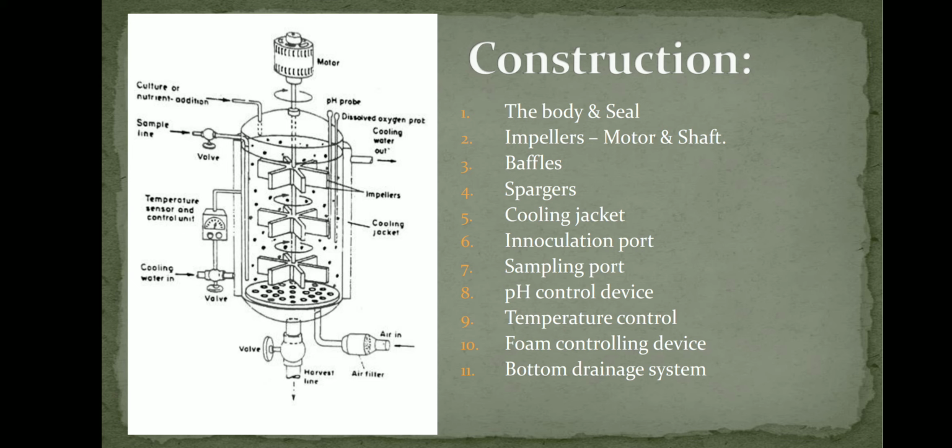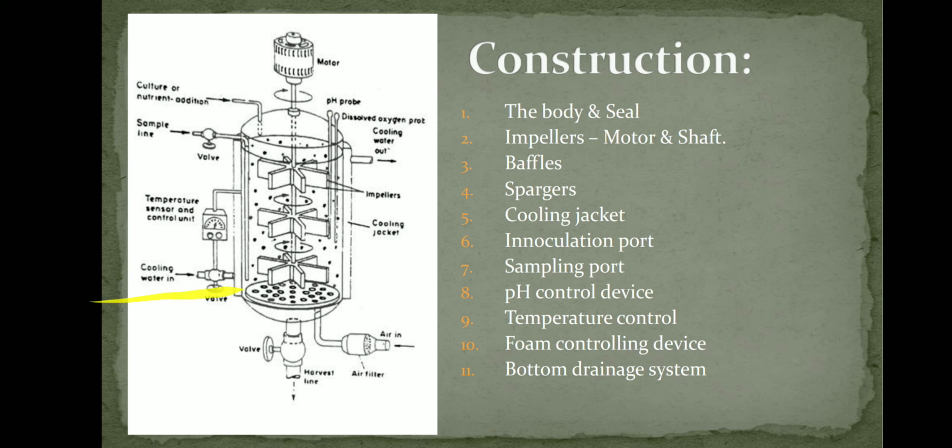So to remove the heat from the fermenter tank, once the rise in temperature is sensed, cold water is passed through this cooling jacket, not inside the fermenter, but outside the body of the fermenter. The cooling jacket is present covering the body of the fermenter.